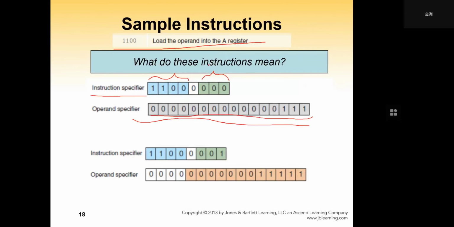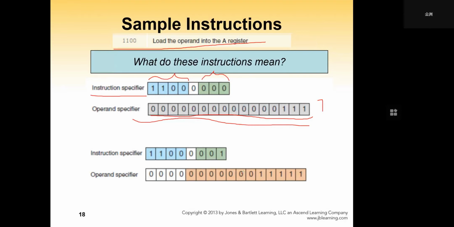This instruction means put this operand into the A register. Do you know what the operand is? This is just 111, so this represents 7. So this instruction means put 7 into the A register.